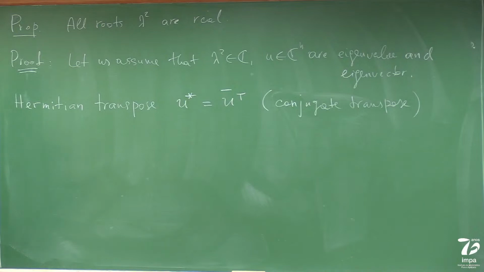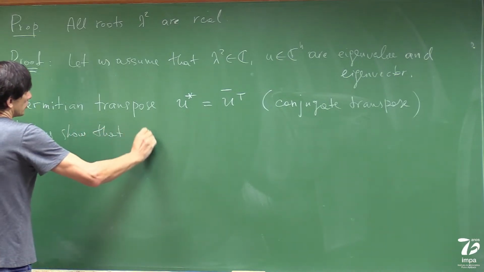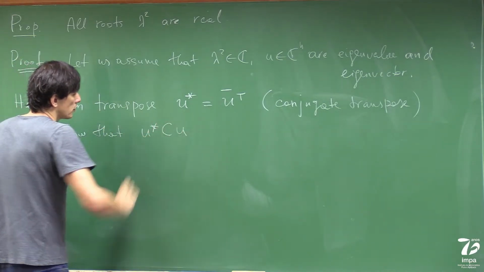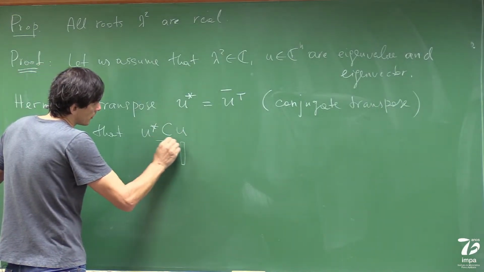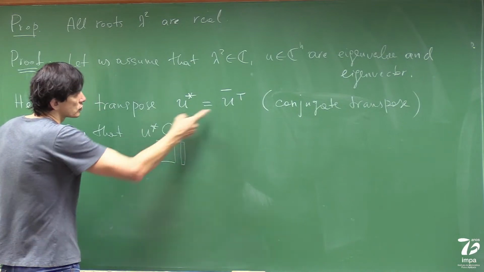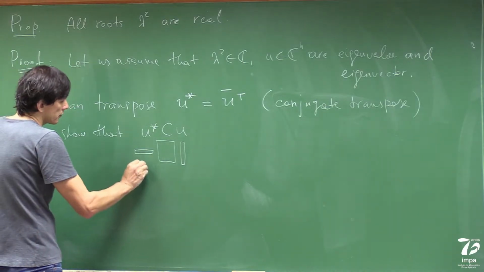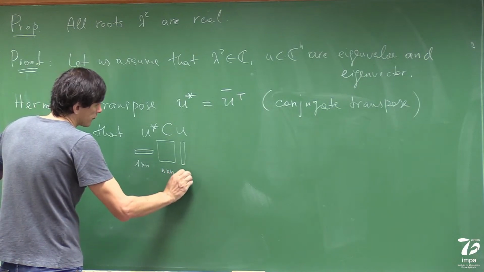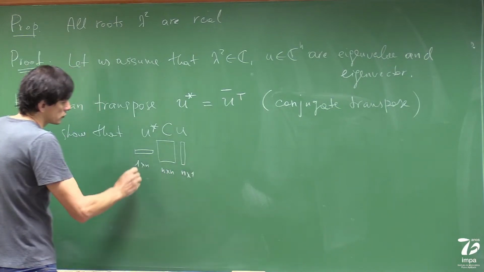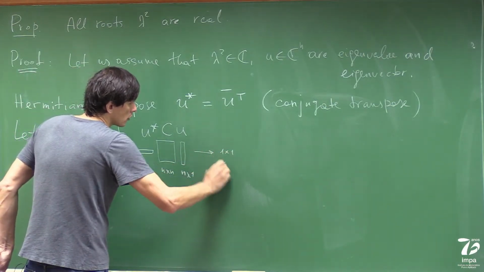So first let us show that U star Cu is real. What is U star Cu? U is a column vector, C is a matrix, and U star is the transpose, so it will be a row and complex conjugated. So it's 1 by n, n by n, n by 1. The product will give you 1 by 1, just a complex number.